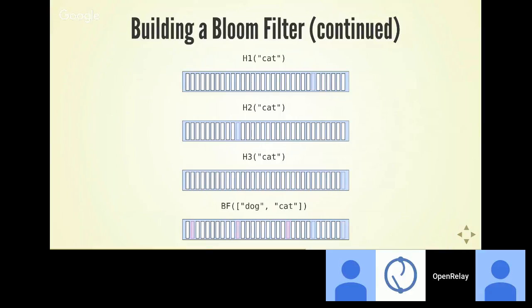I have colored them based on the items that we were adding to the bloom filter when it got added, but a bloom filter doesn't know which items set those bits. It just knows that they are set, and there's no coloring of bits within a bloom filter.